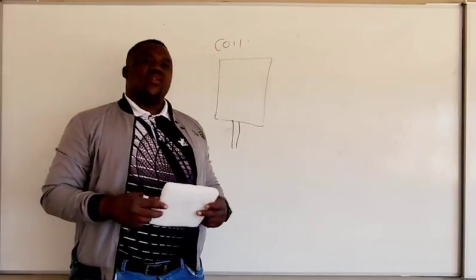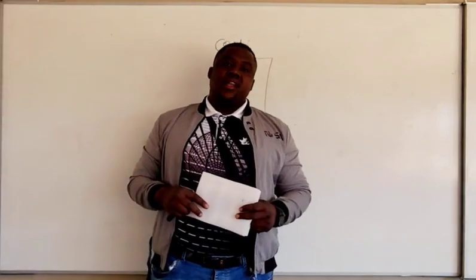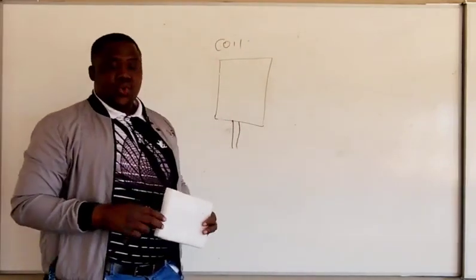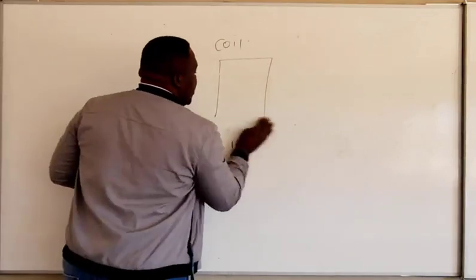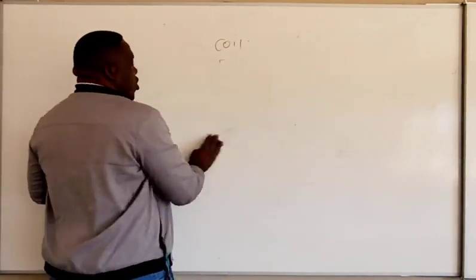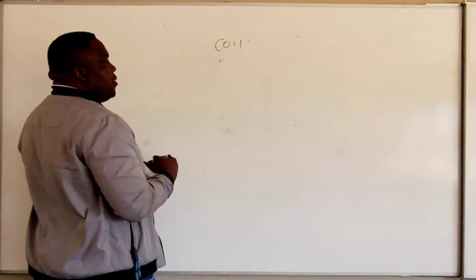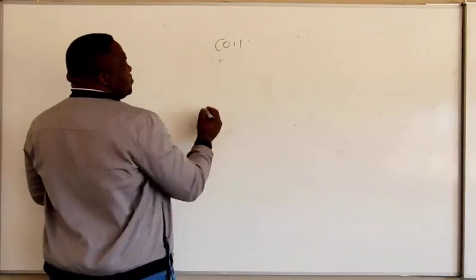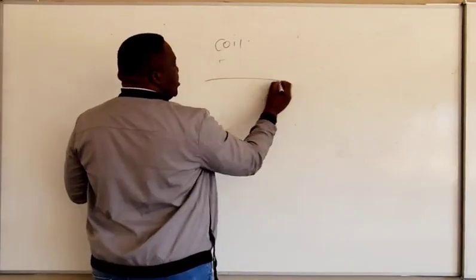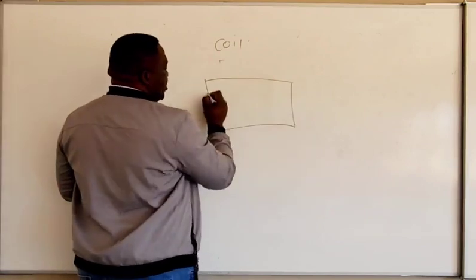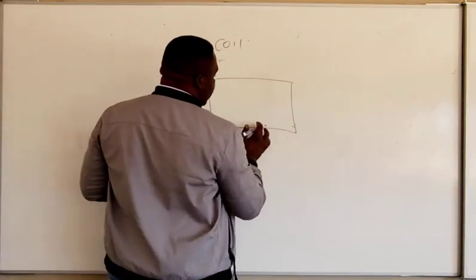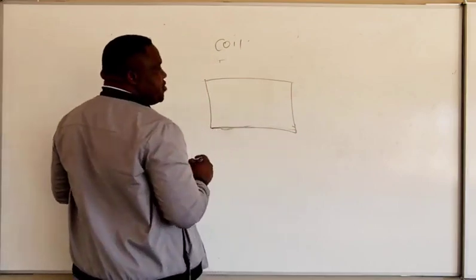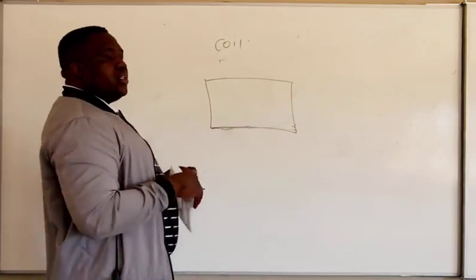You'll understand when I say parallel and perpendicular as I explain. Okay, let me just write my coil to be in this direction, so that you can understand. It is best I draw it in this direction, because it is very difficult to draw this representation.